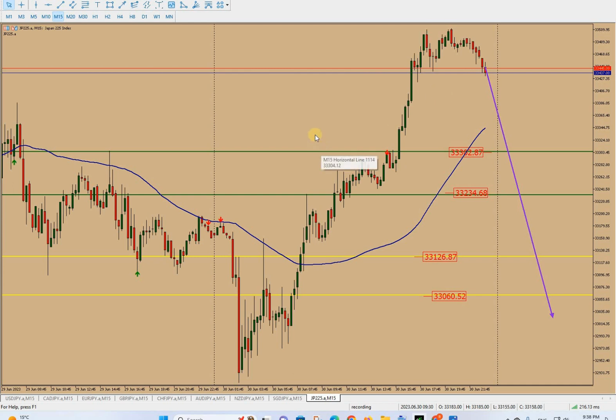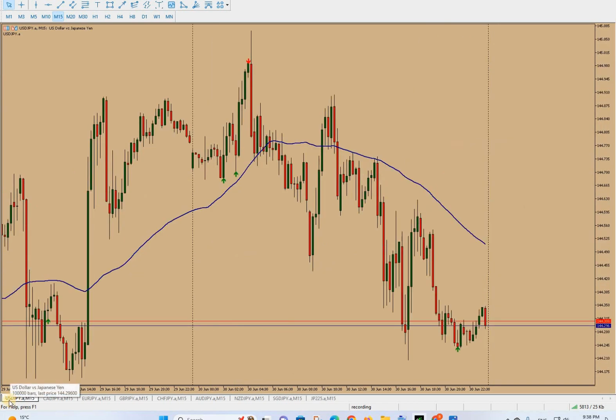In that case, USD Japan, as you can see here, USD is first and then Japan is second. So if Japan gets stronger, it means USD would go down compared to the yen. The price has to go down because USD loses, because the Japanese yen is stronger.